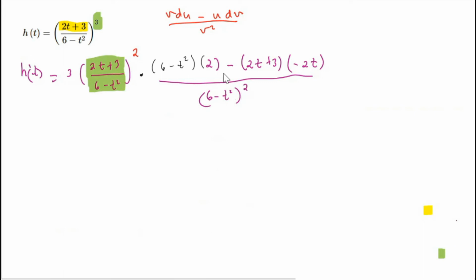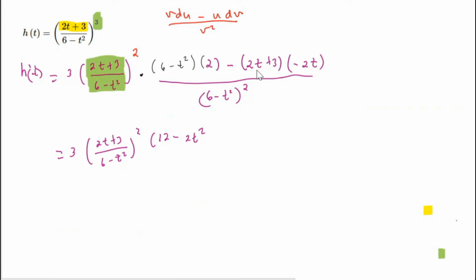Now we need to simplify our v du minus u dv. I'll copy first this one: we have 3 times the quantity of 2t plus 3 over 6 minus t squared to the power of 2. Simplifying this one, we have 2 times 6, so we can write here 12 minus 2t squared.